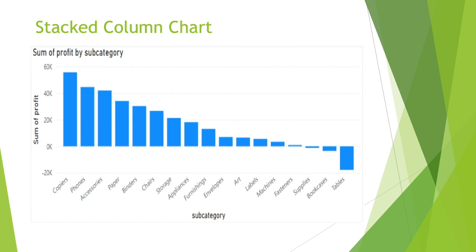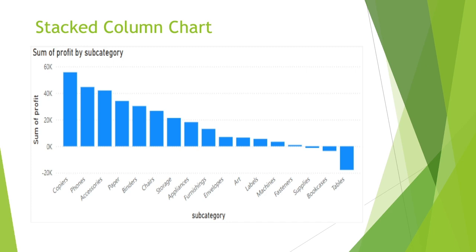And moderate profit products like chairs, storage, and appliances make a decent amount of profit, but not as much as the top ones.